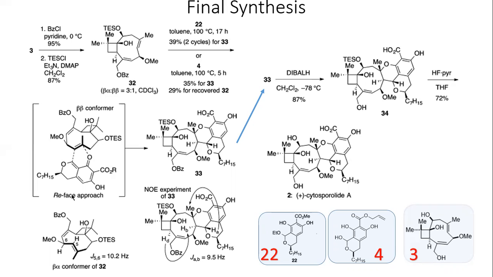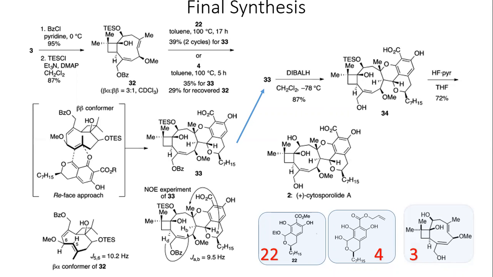And it's a re-face approach. So it's showing you again for 32, it's actually approaching from the bottom face of that. And that's how the stereochemistry is set. All those pre-existing stereocenters make that reaction happen the way it does, right?